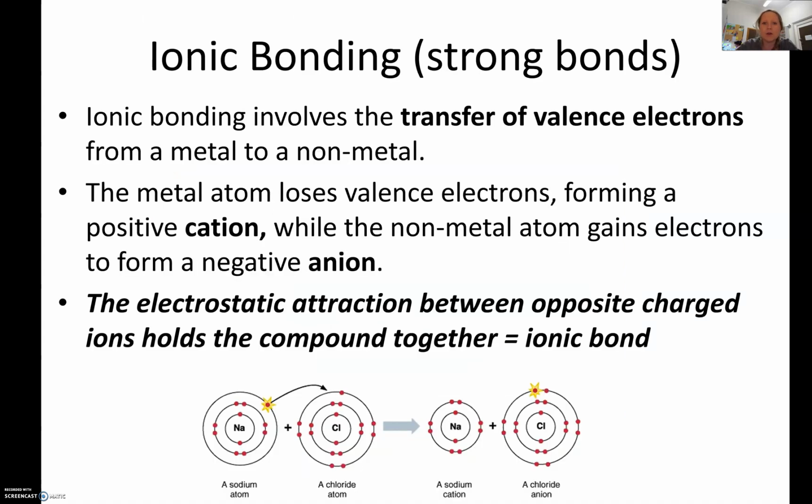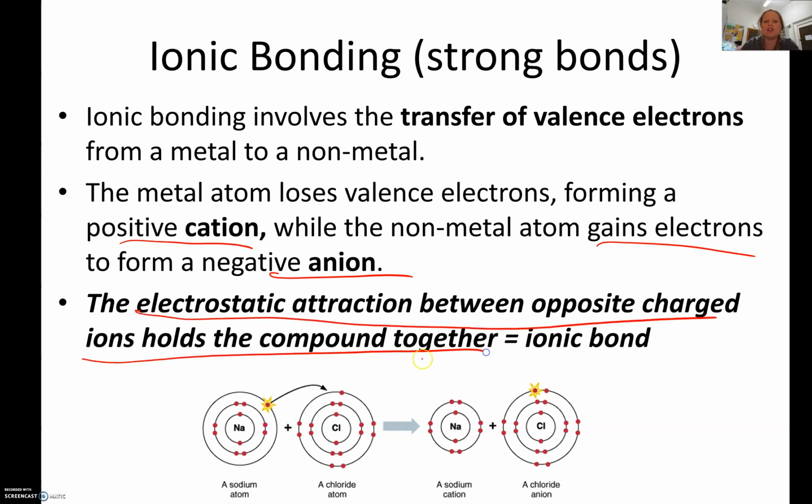Okay, so ionic bonding, a bit of a recap of what an ionic bond is. I know that you guys know this, but ionic bonds are formed from the transfer of electrons from a metal to a non-metal. So metals always lose valence electrons and they form cations, and the non-metal always gains electrons and they form anions. The actual ionic bond itself is the electrostatic attraction between the oppositely charged ions, okay?